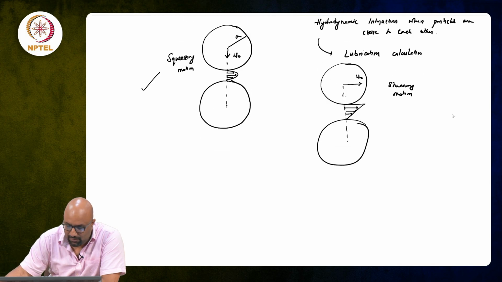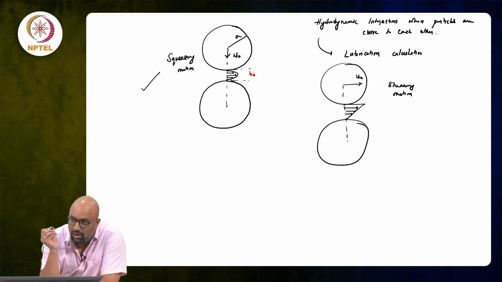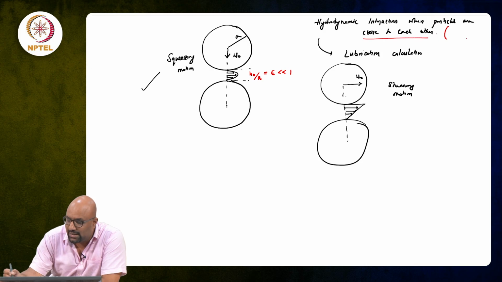The guiding principle is that there is a gap here, H naught. We are assuming that H naught divided by A is very small. That is the premise of saying close to each other, because you cannot just use words like close. You have to be more precise mathematically. The precise statement is that there is a small parameter, H naught by A, that is asymptotically small.